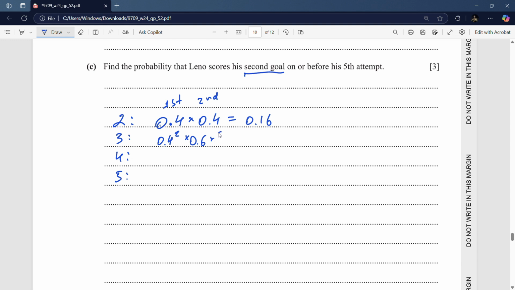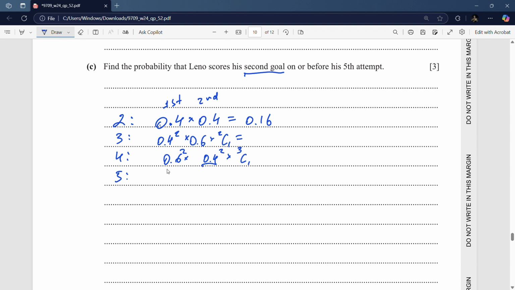So we have to multiply it by 2C1. And here also, we know that in the last attempt it had 0.4, but we don't know what happened before it. So we are multiplying 0.6 squared by 0.4 squared, and we are multiplying them by 3C1 because we know that the fourth attempt was success, but the 3 attempts before it, in which order they happened, we have no idea.